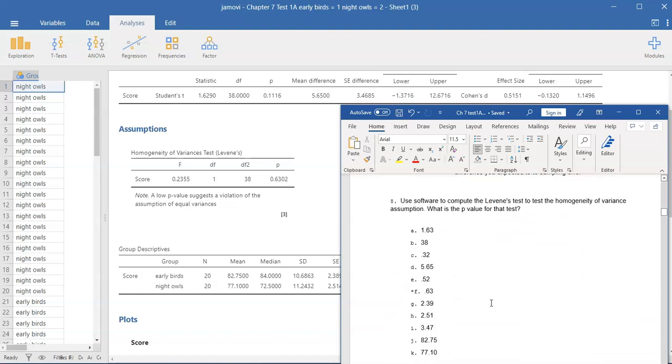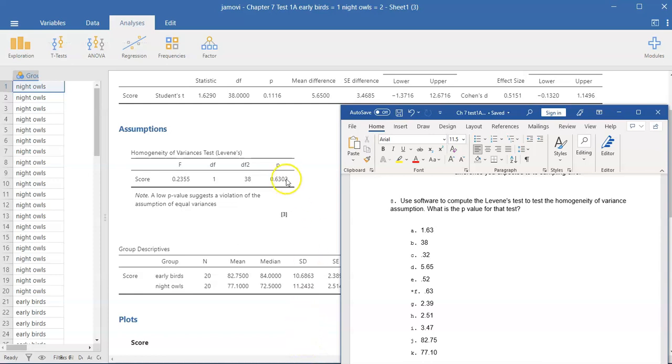Okay, now you want to look at the Levene's test and find the p-value for it. Well, here's the Levene's test, here's the p-value. Again, that's not a very compelling p-value, so eventually you're going to conclude that there's not very much evidence to reject the null hypothesis that the two variances in these two conditions are about the same.